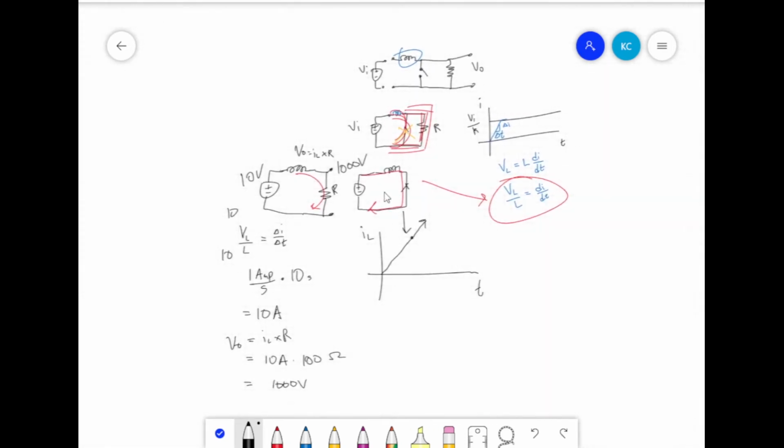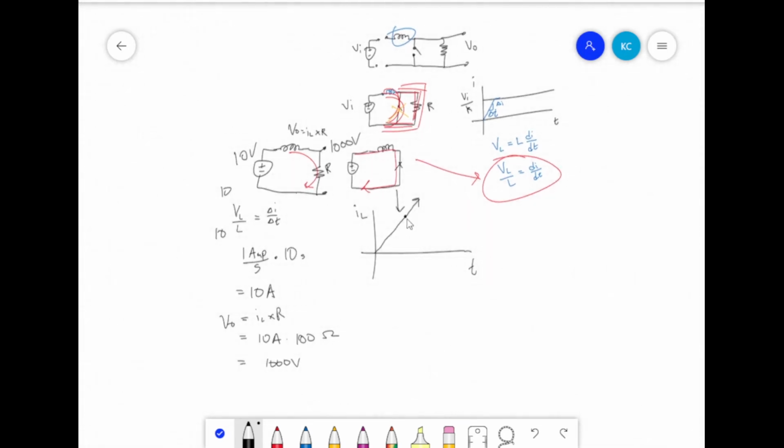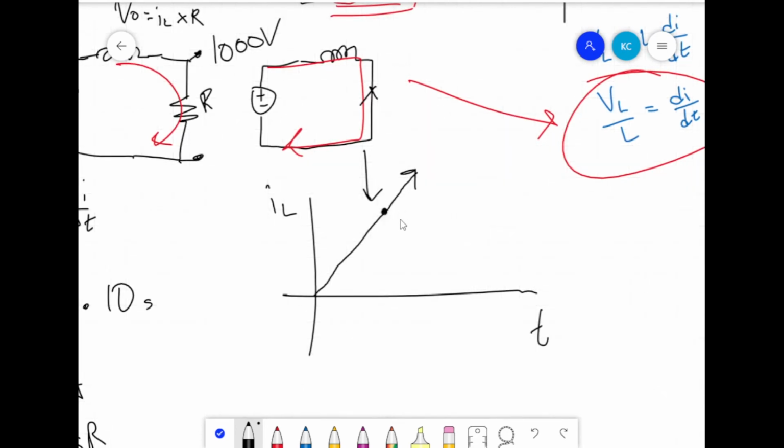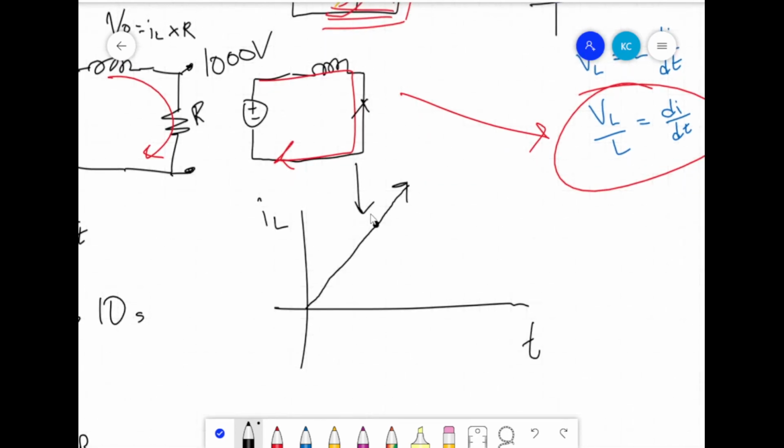Now imagine we keep this dance between shorting the inductor and letting it flow through the resistor. Imagine we do that at the 10 amp point. 10 amps is a lot. It might not work for your specific inductor or purpose, but just for this example, I'm making it simple. So this is, let's just say, 10 amps, and we just keep switching here.